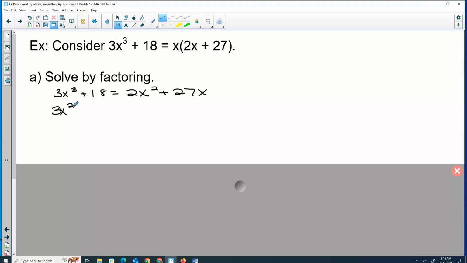Get everything on one side. So 3x cubed minus 2x squared minus 27x plus 18. And now? Grouping. Make sure we change this to plus and negative 27 first.